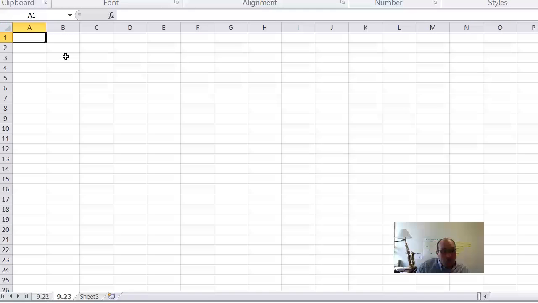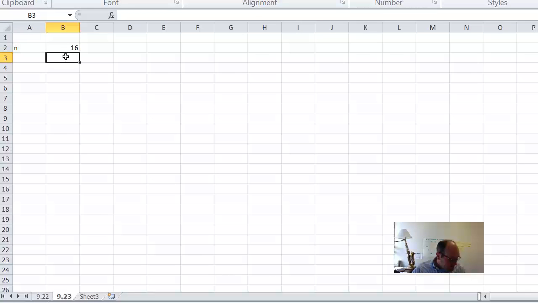Every hour we're counting how many people come in, right? Every time someone comes in, we just count, 1, 2, 3, and we do that for every hour. So the hours are our n. How many hours in each day? Well, there's 16 hours in a day according to this problem.